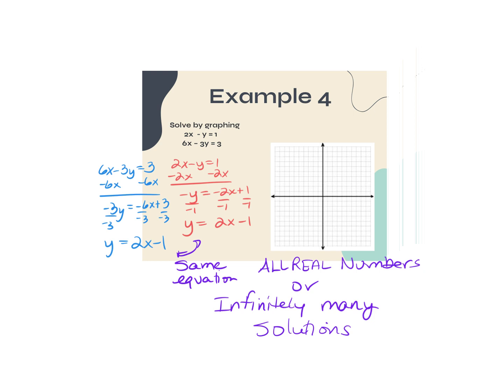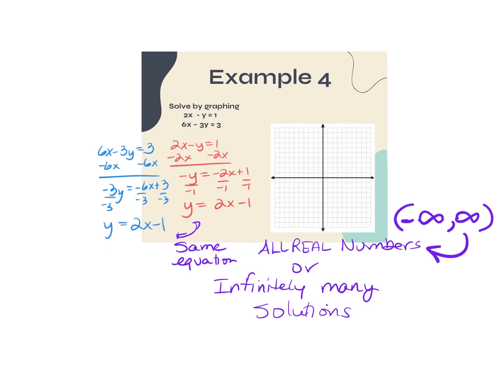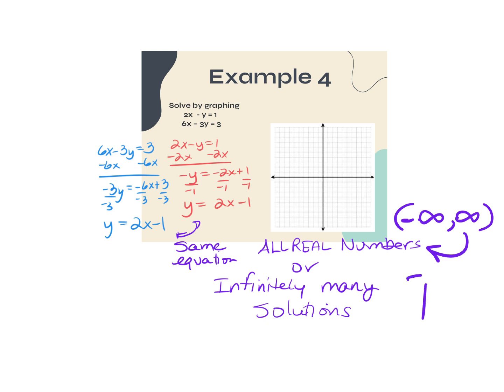So if you ever see negative infinity to positive infinity, that's how you can write all real numbers. Another symbol for all real numbers is a capital R with another line down it. So I'll go ahead and graph this equation.